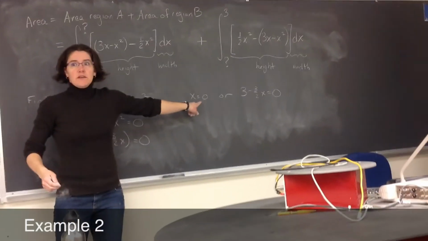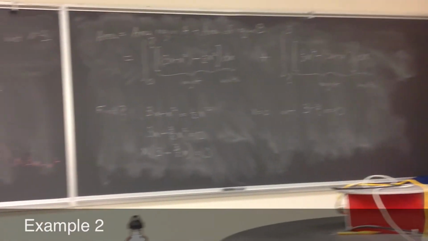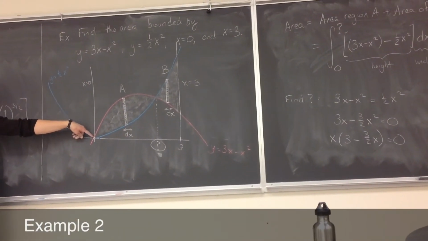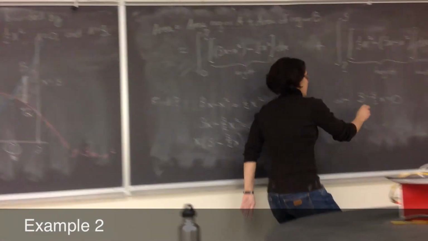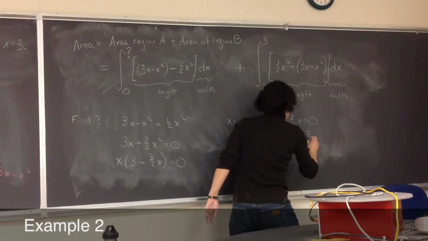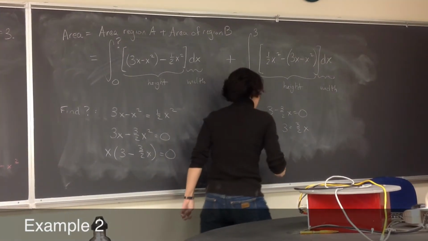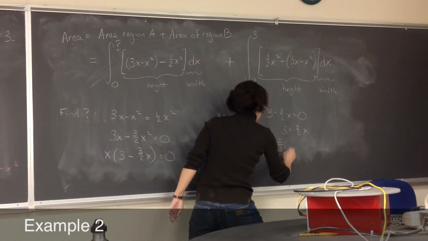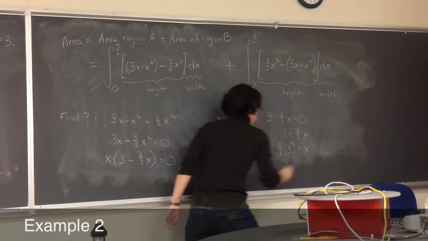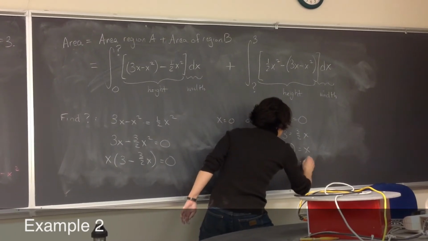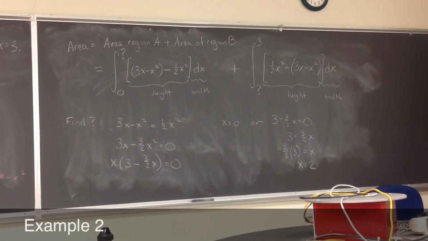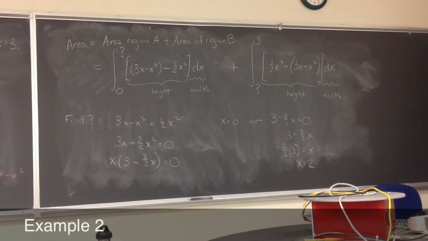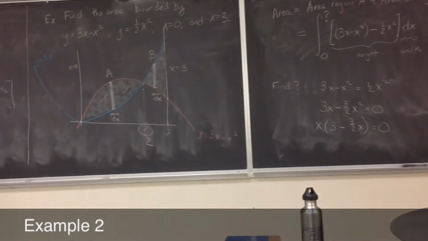And this x equals 0, that totally makes sense because that's right here at the origin. That's where our first intersection was. And the other one, I've got 3 is equal to 3/2 x, multiply both sides by 2/3. And so we end up with x is equal to 2. And so this question mark here, rather than being put on pause now, is an x value of 2.